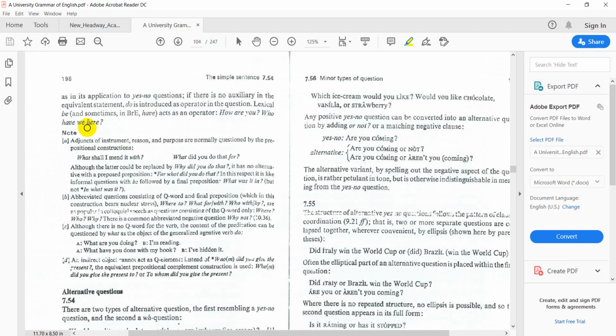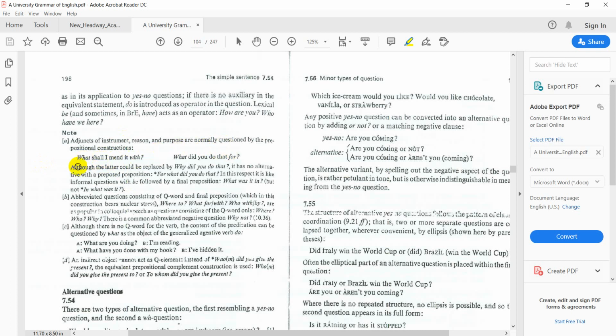Okay. Concerning this note, all A, B, C, D are important. All are important. I request you to read it at home and understand it carefully. And I'm going to explain the first one to let you know how to read the other notes. Adjuncts of instruments. So I have adjuncts of instrument, reason and purpose.